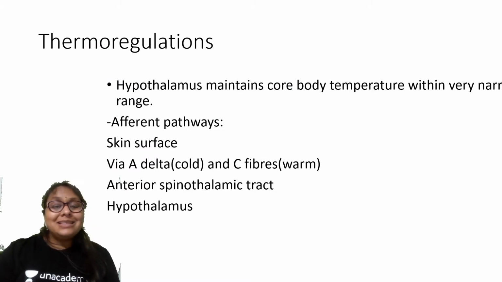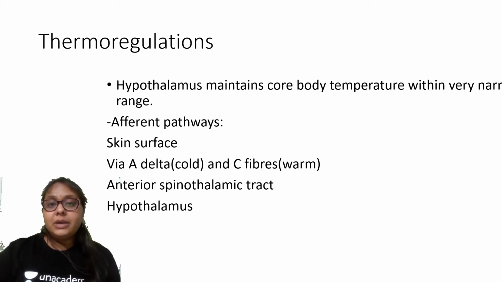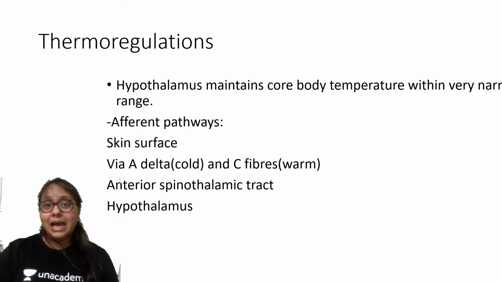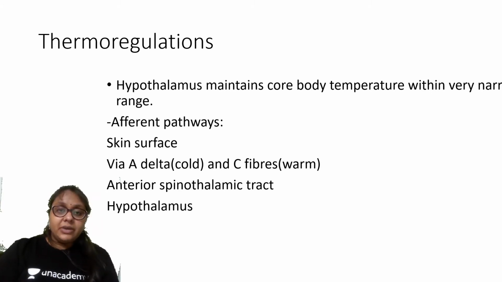Now coming to the second complication during anesthesia, that is hypothermia. The second complication we often encounter is hypothermia. Now why does it happen? Why does the patient have post-operative shivering after giving anesthesia?